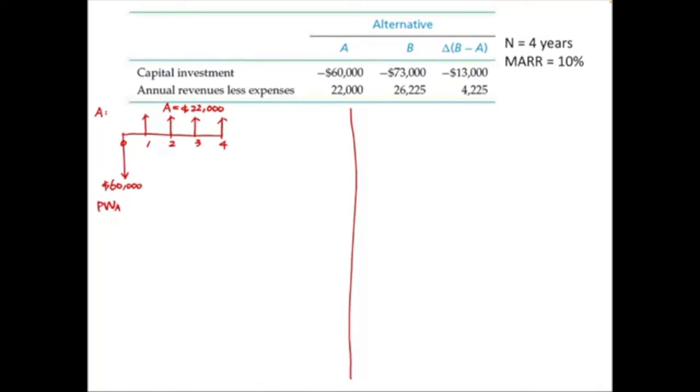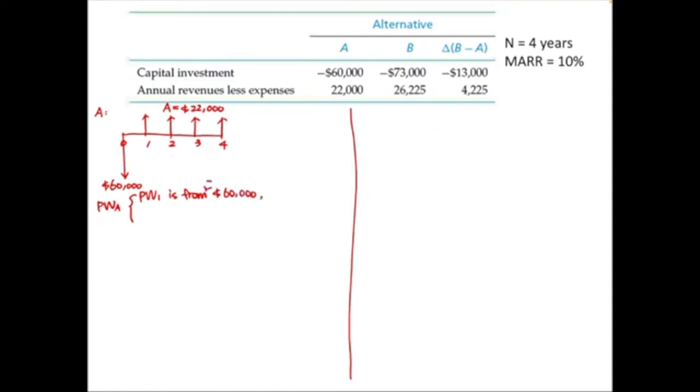Okay, so we need to calculate the PW for option A. So we say PW A, and the PW A is made of two parts. So part 1 is from the initial investment 60,000 and it's negative, right?